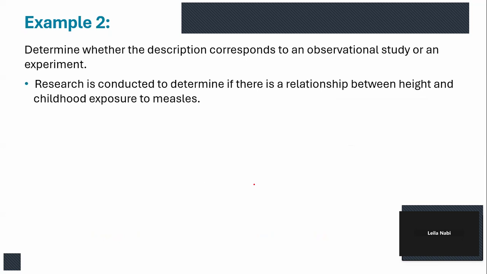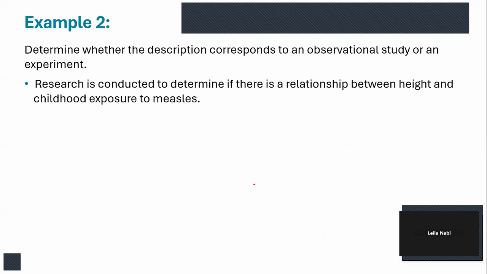Let's look at the next example. It says determine whether the description corresponds to an observational study or an experiment. It says research is conducted to determine if there is a relationship between the height and childhood exposure to measles.